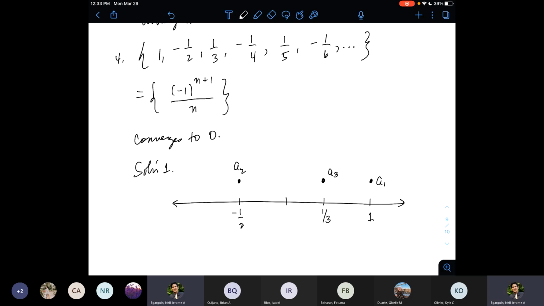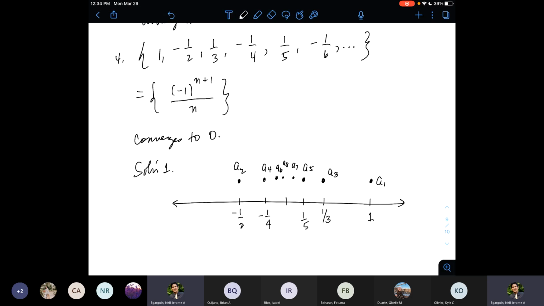And then a_4 is -1/4. And then a_5 is 1/5. And I hope you can imagine what will happen. a_6 will be here. a_7 will be here. a_8 will be there, and so on, right?